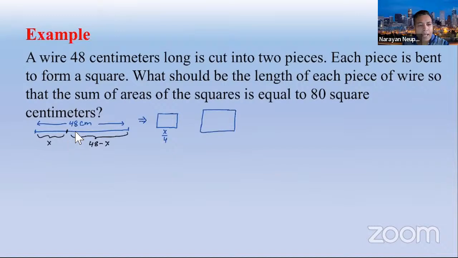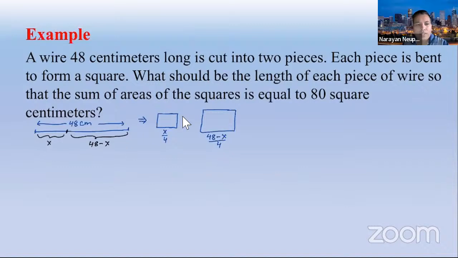Again, the total length of all 4 sides of this square is equal to 48 minus X. That means the length of one side will be (48 minus X) divided by 4, because this square has 4 sides. So each side will be the total value divided by 4. Okay, that is what is done.